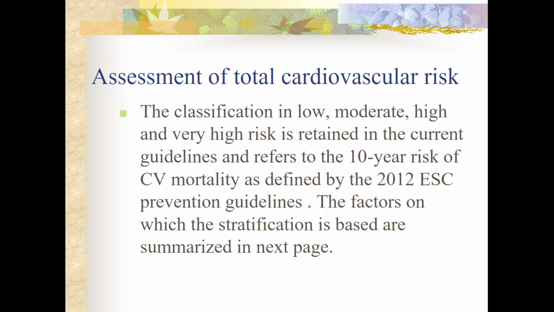Assessment of total cardiovascular risk. Classification into low, moderate, high, and very high risk is retained in the current guidelines and refers to the 10-year risk of cardiovascular mortality as defined by the 2012 European Society of Cardiology Prevention Guidelines.